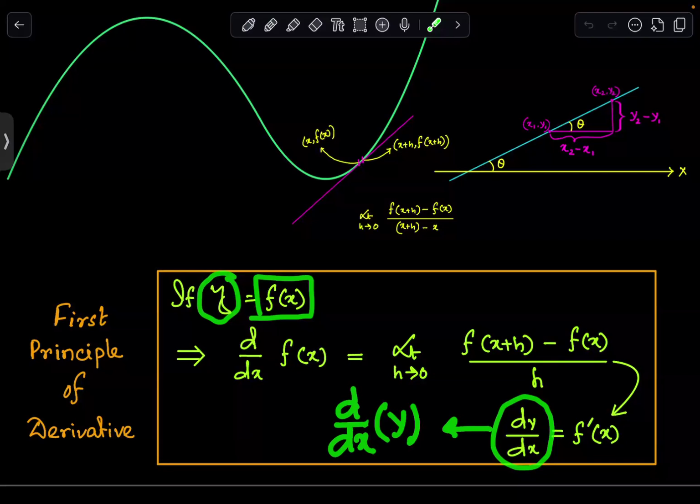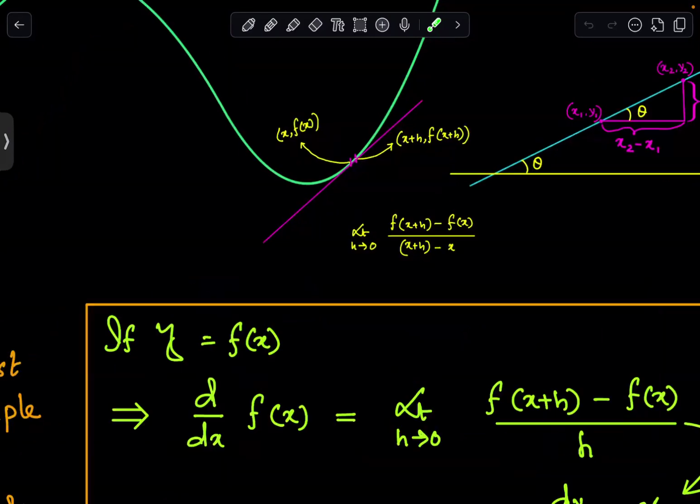D is the rate of change operator. When we write d by dx, we are searching for the rate of change with respect to x. And if this operator operates on y, we are finding the rate of change of the ordinate with respect to the rate of change of the abscissa.